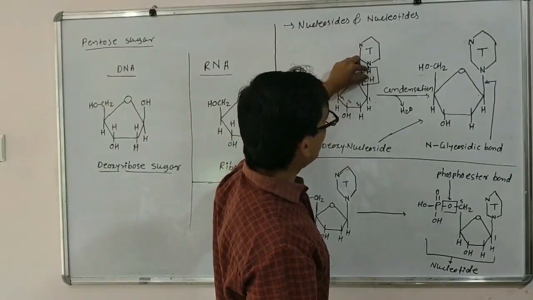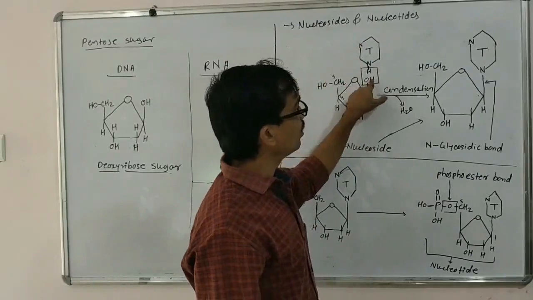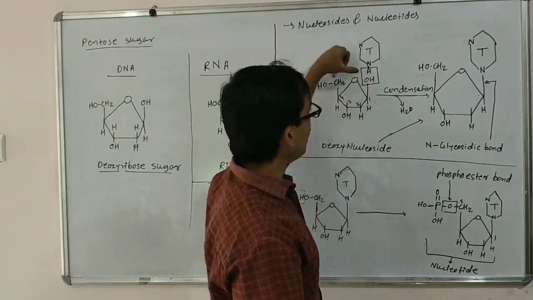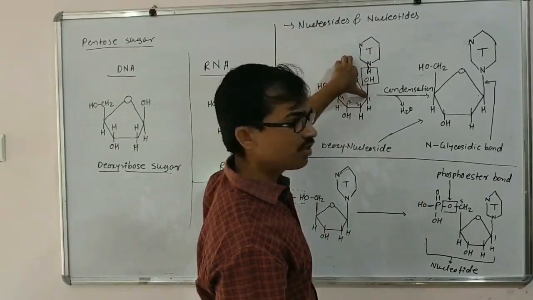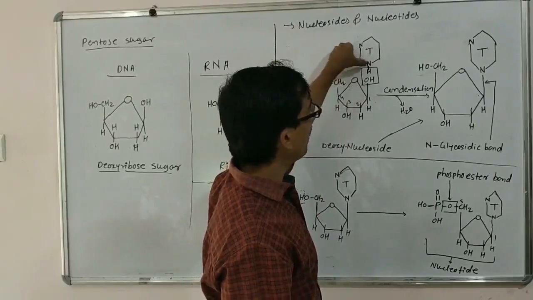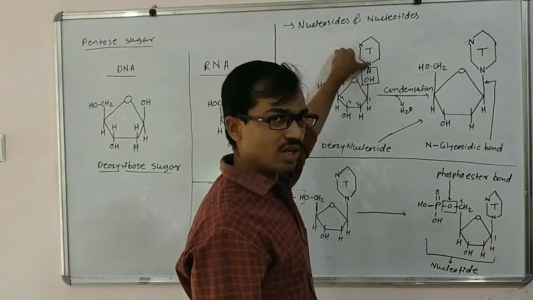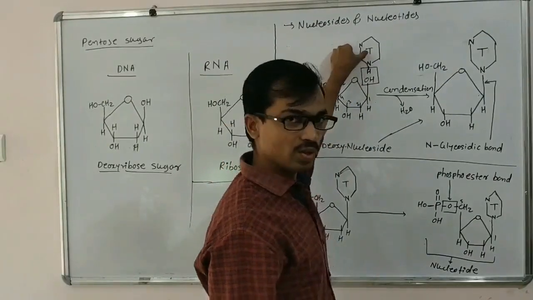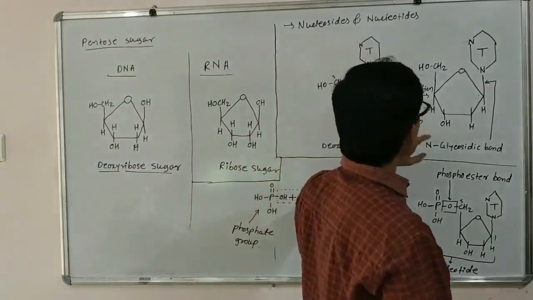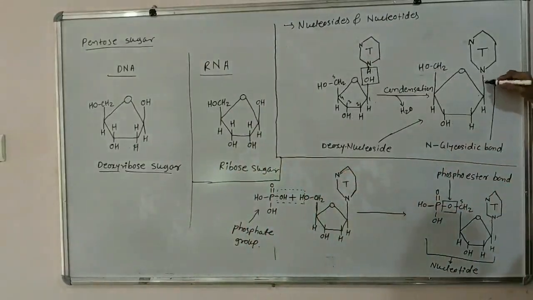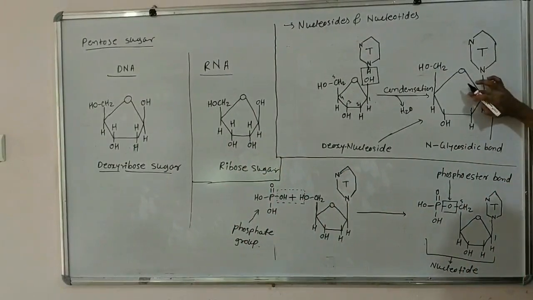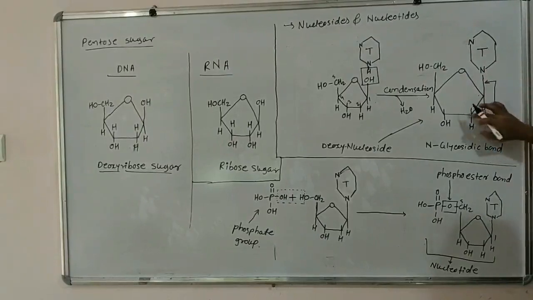So from here OH and H leave in the form of H2O, and there is formation of a bond between the first carbon of the pentose sugar and the first nitrogen of the nitrogenous base here, thymine. So due to that condensation reaction, this bond is formed between this carbon and this nitrogen, so that the nitrogenous base is linked with the pentose sugar, and this bond is called a glycosidic bond.